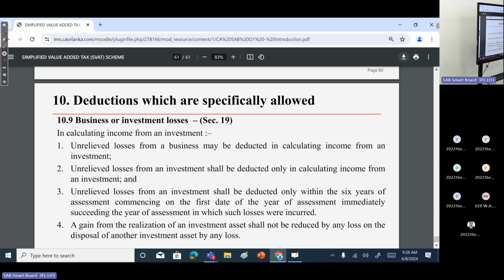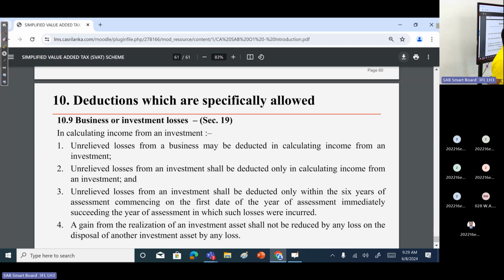I told you we have four sources: employment, business, investment, and other sources. If there is loss in business, we can set off against the investment income. Unrealized loss from an investment can be deducted only in calculating income from an investment. If there is loss from the investment, I can deduct that particular loss only from investment income.